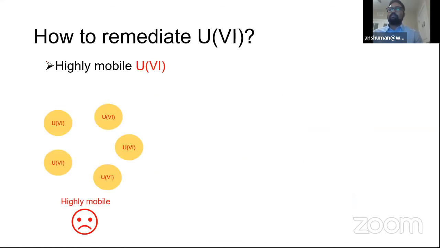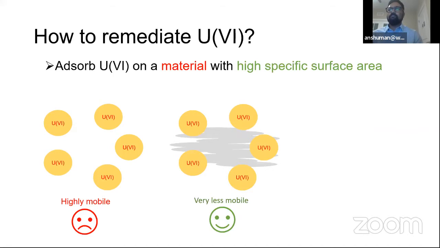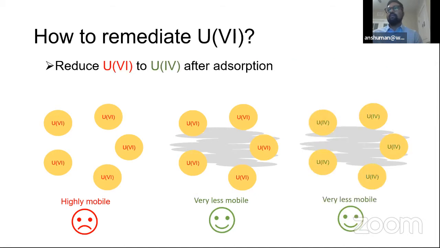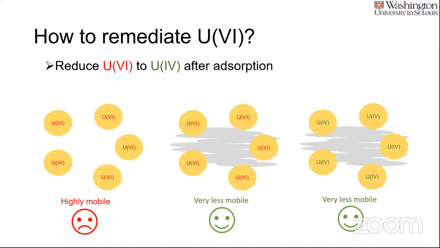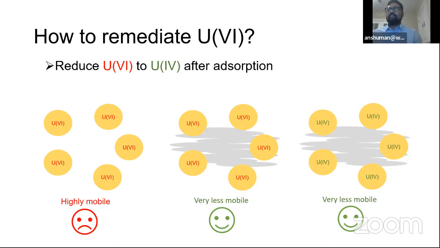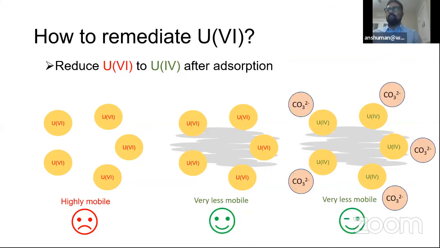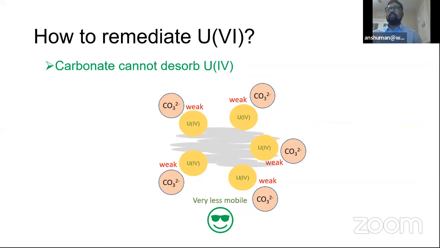So again, what could be another alternative? We adsorb it onto high specific surface area material. It's much less mobile. And again, if we can somehow reduce it into uranium-4, so once it's adsorbed onto this sorbent and it gets reduced to uranium-4, and if it comes in contact with carbonate, now uranium-4 carbonate species are very weak.